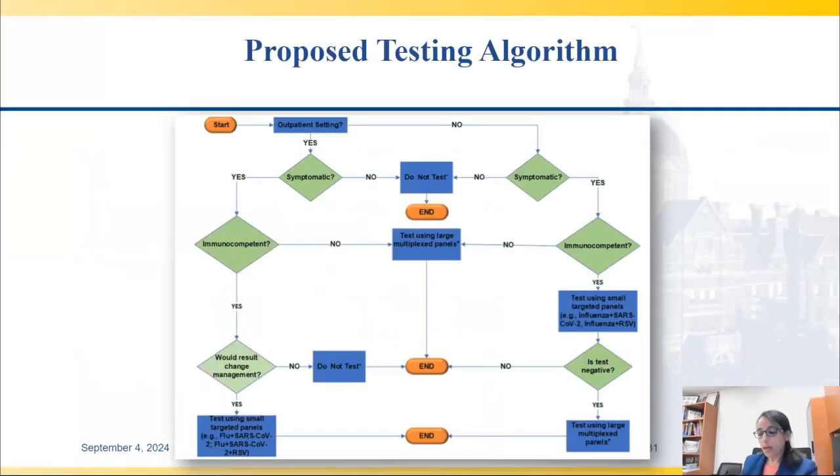Now, this is our proposed testing algorithm, which considers the setting of the patients as well, outpatients versus inpatients. It takes into consideration the symptoms and the patient's characteristics, primarily the immune status, whether immunocompromised versus immunocompetent.